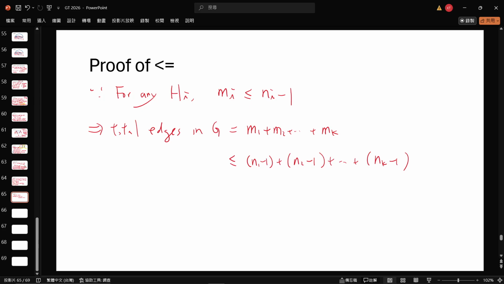This holds because to count the number of edges in the whole graph, we just count the number of edges in every component and add them up. And why can we have this inequality? Because of our assumption: every component is like a tree, so the number of edges is at most ni minus 1, okay?